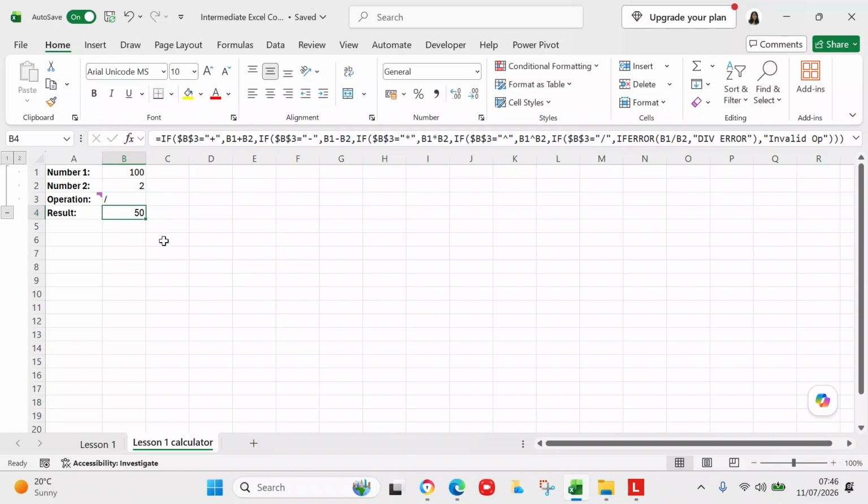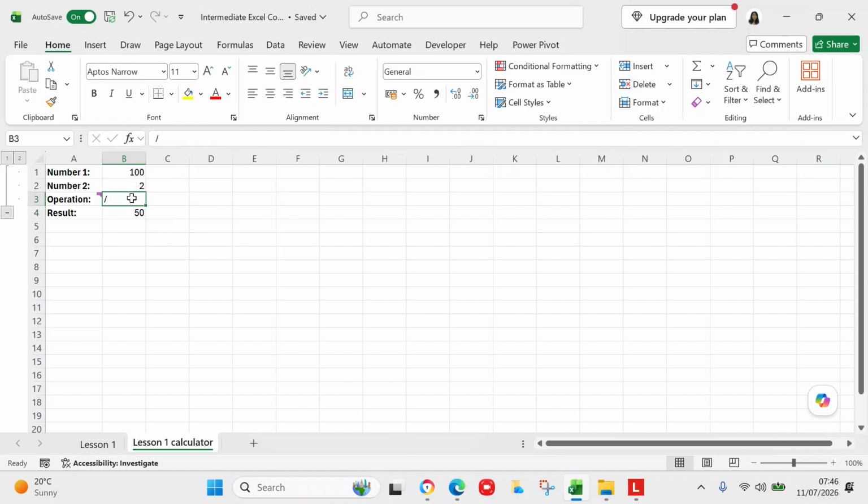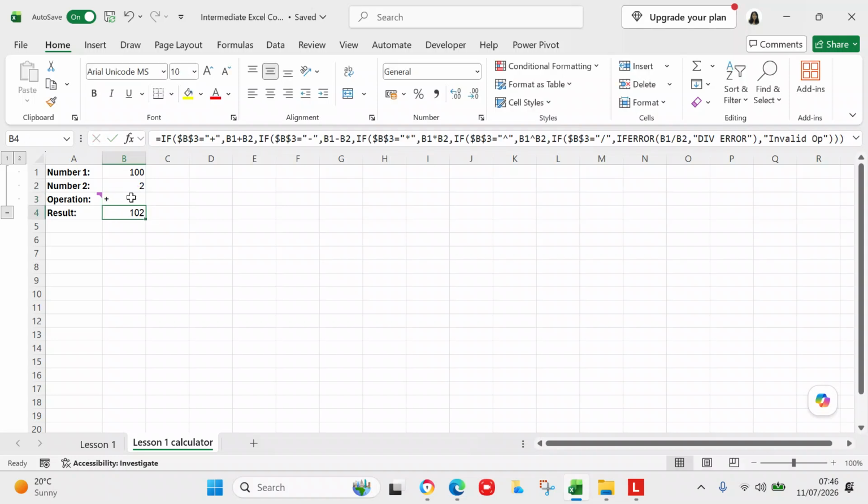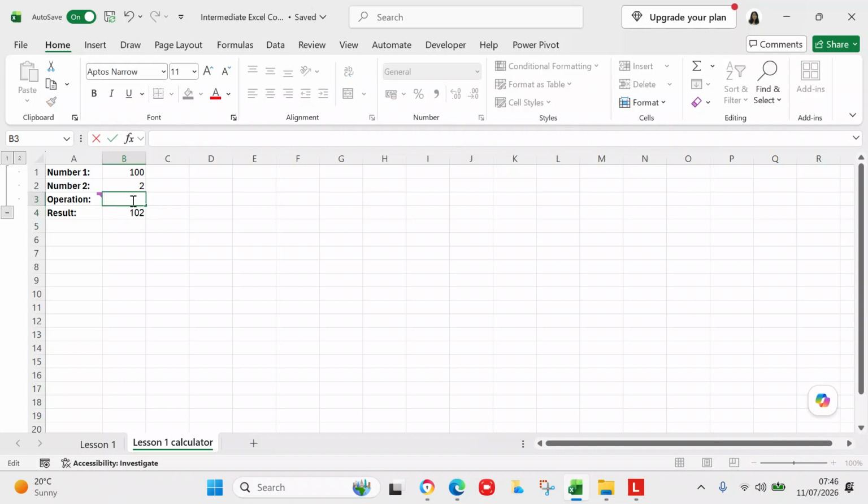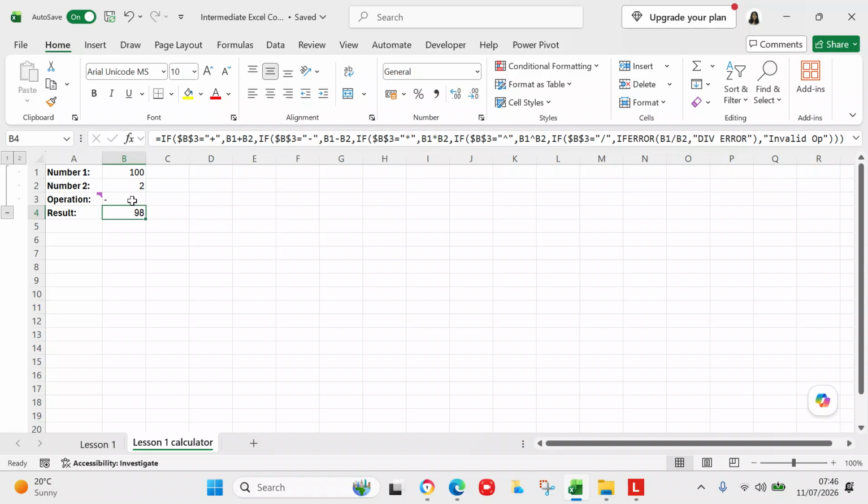So 100 divided by 2 equals 50. And then you can say plus: 100 plus 2 is 102. And then minus: 100 minus 2 is 98.